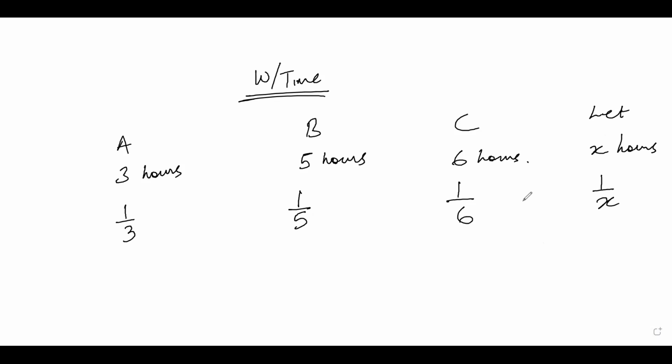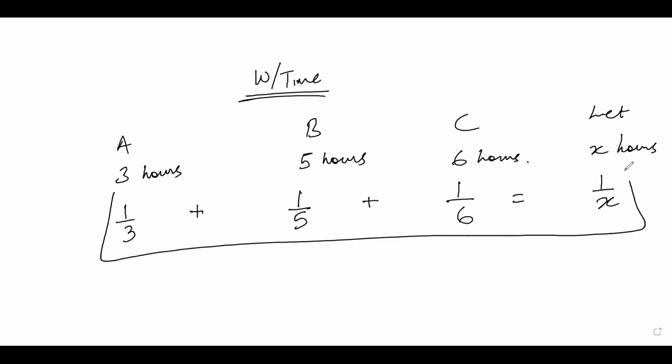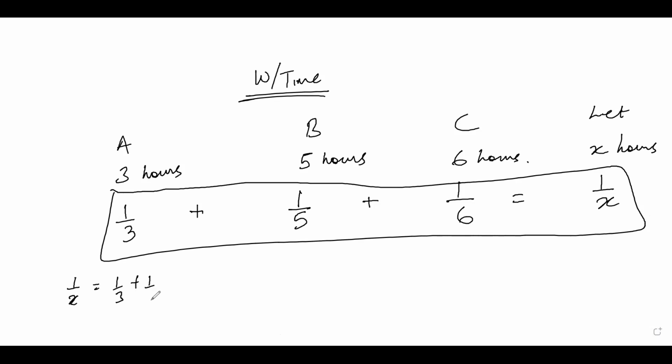If I take 1 hour and they're working together, then we simply add up the fraction of the job that they would do. This expression we solve to get X. So 1 by X is 1/3 plus 1/5 plus 1/6.